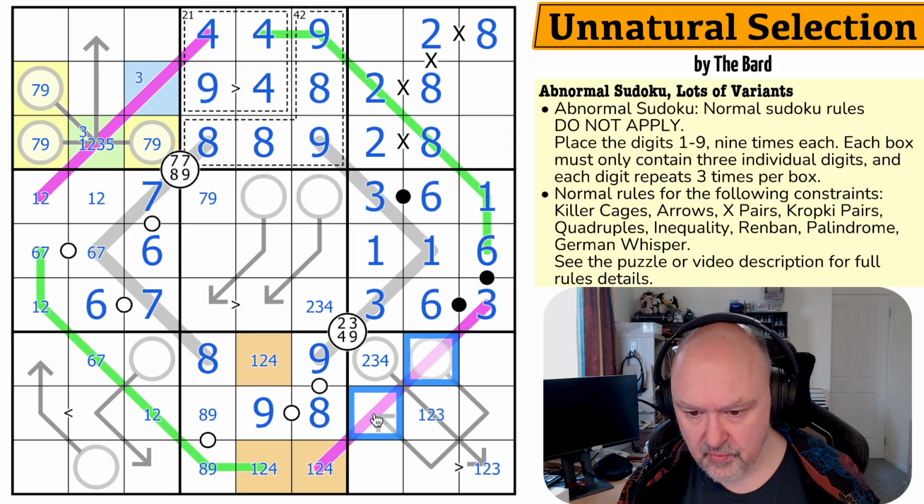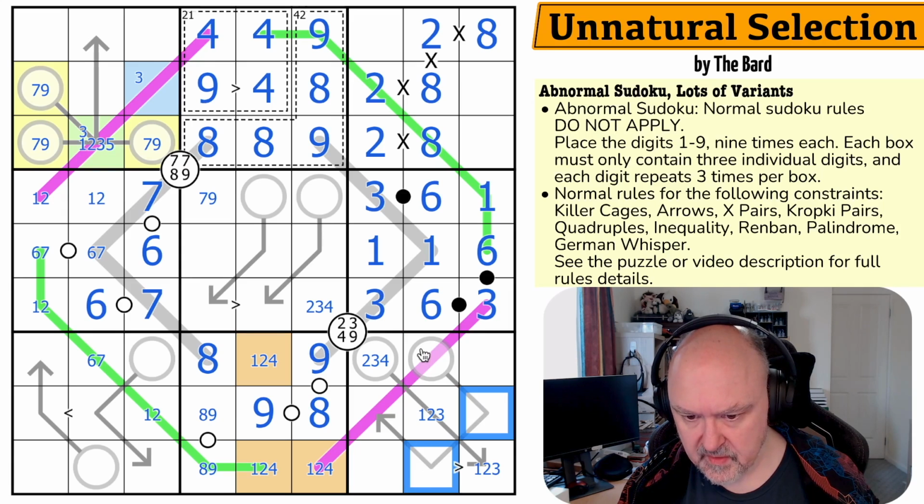This would be the 4, this would be the 2. These would both be 1, because 4 and 2 on the arrow mean these are both 1. 4, 2, 1, 1 means I'm only working with 4, 2, and 1. But I could go 4, 2, 2.